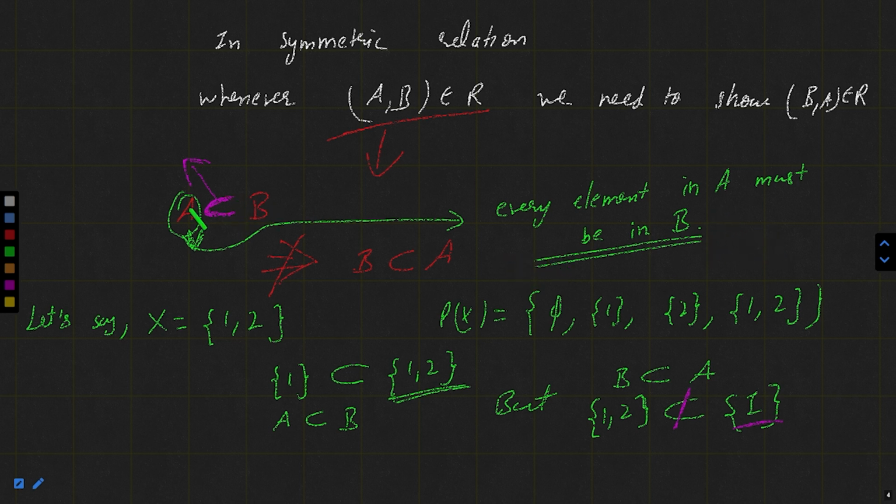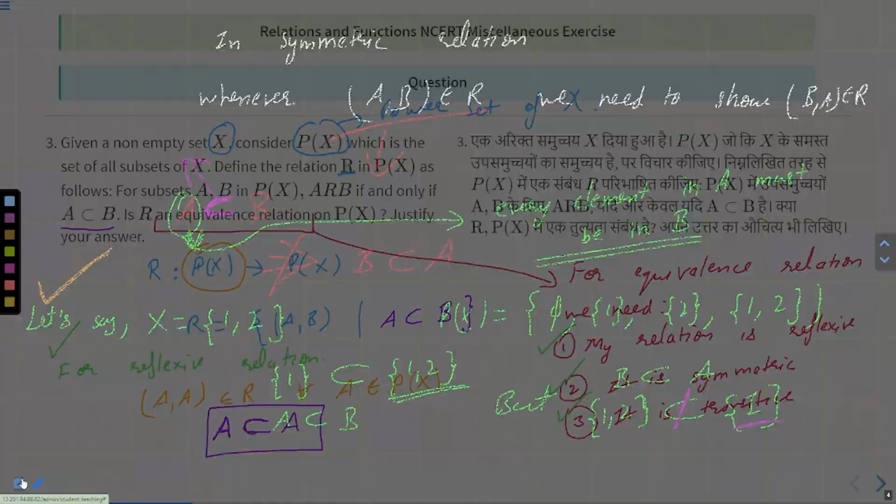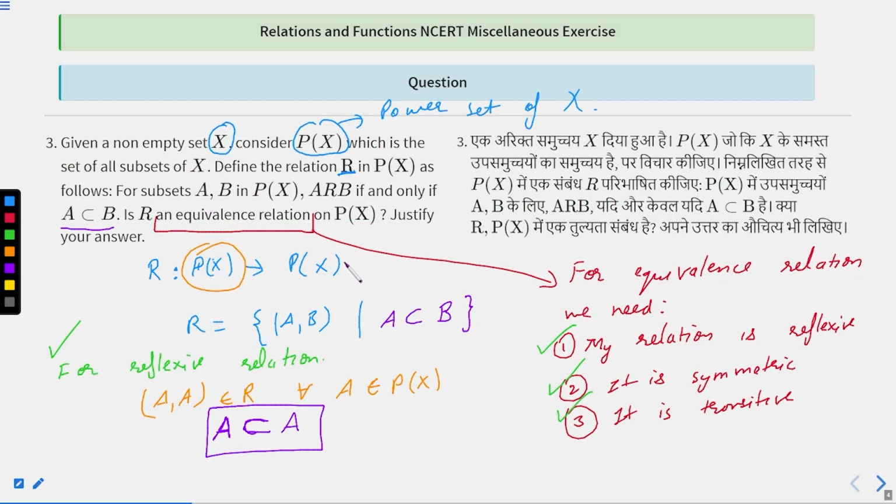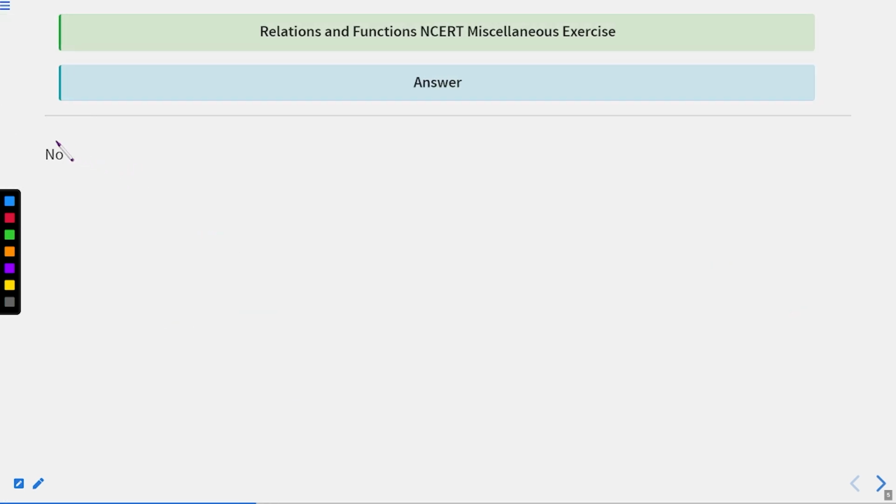So from this example, as you saw, we have given an example which disproves this. So this means that it doesn't follow symmetric relation. So this means that we can say this is not an equivalence relation. Okay. I hope that you are getting the idea. So no, the given relation was not an equivalence relation.